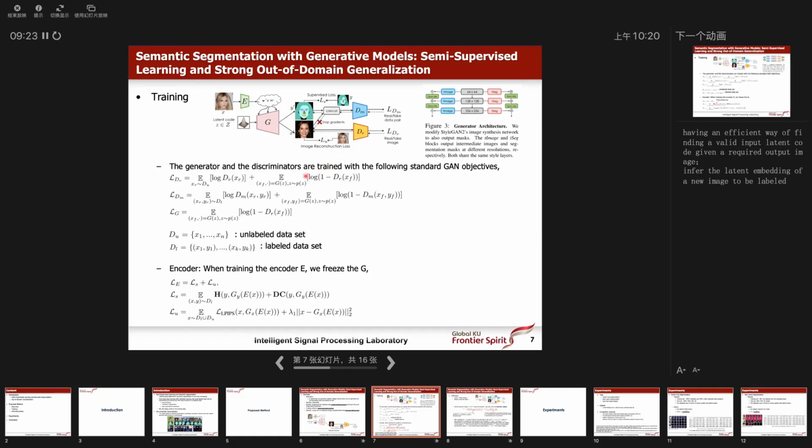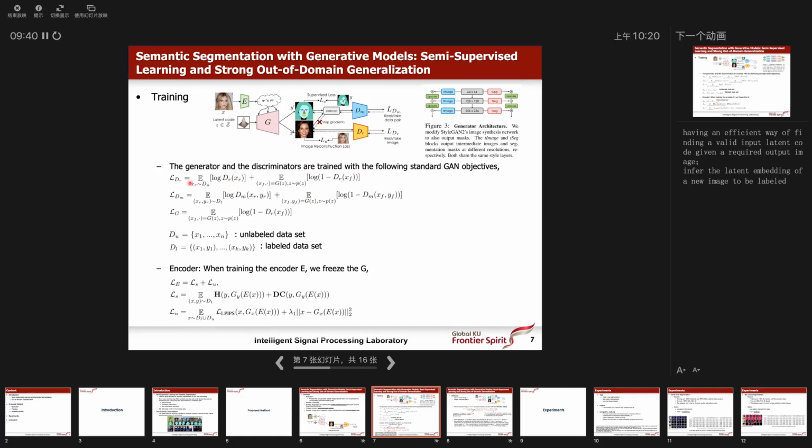And the training process includes two parts. The first part is the optimization of the generator and discriminator. They are trained with the following standard GAN objectives.